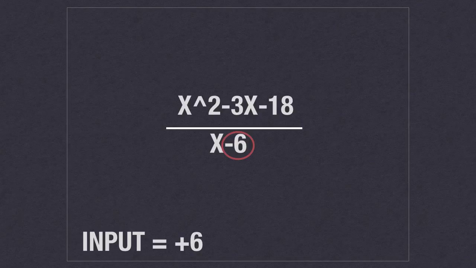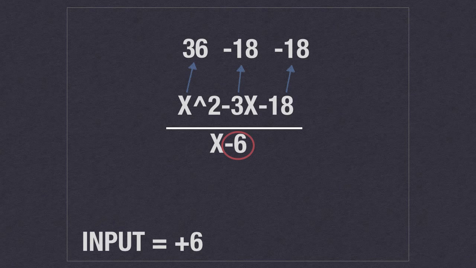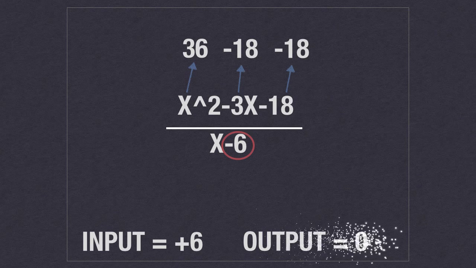If the output is 0, that means the division is an exact division. So let's do it. 6 times 6 is 36. Minus 3 times 6 is minus 18. And then minus 18. If you sum everything, the result will be 0. So that means this is an exact division.